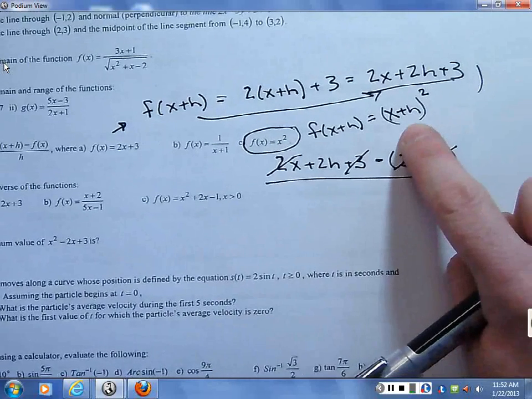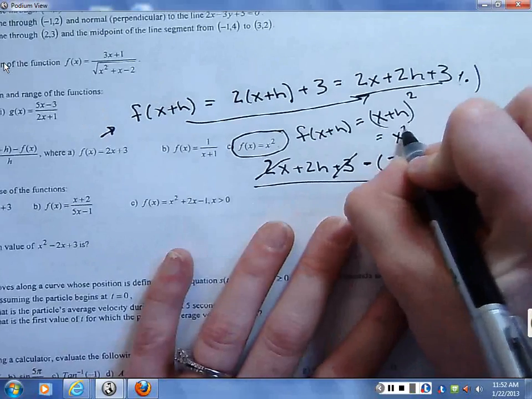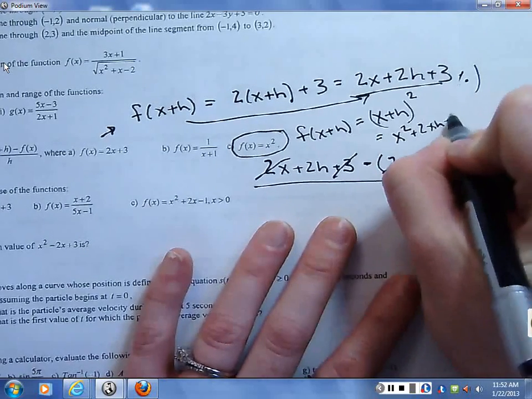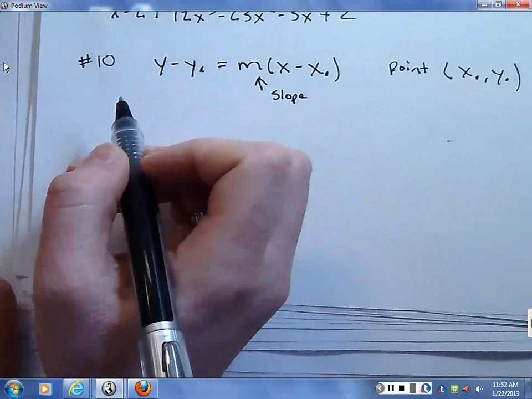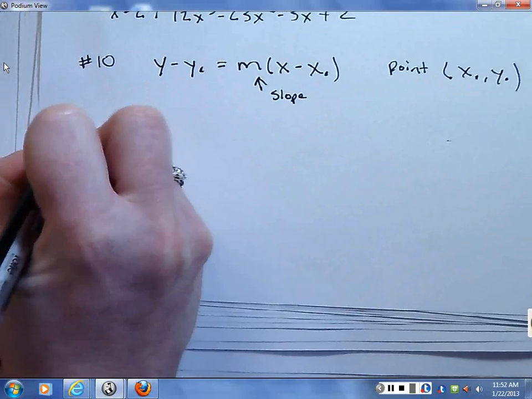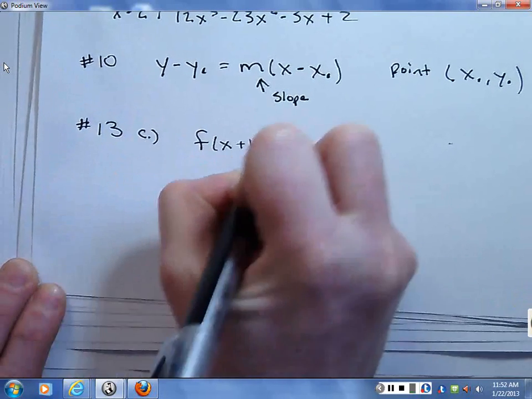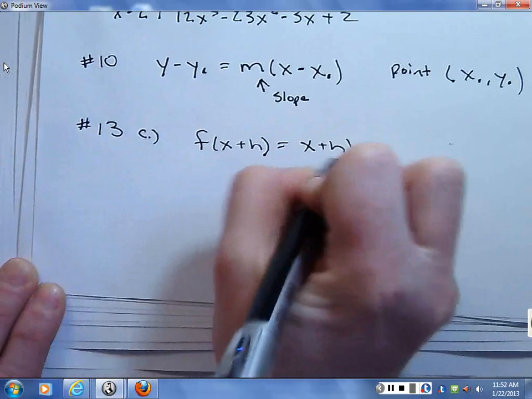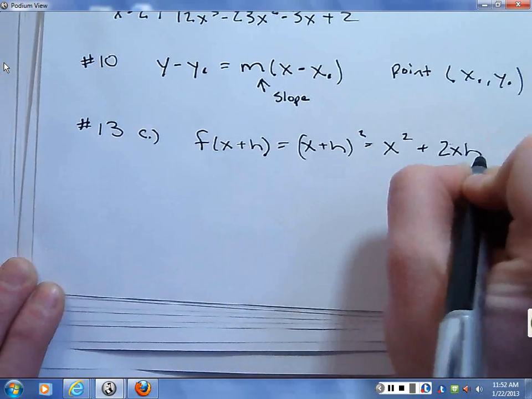What is x plus h squared? I'll go ahead and write this. This is like number 13, part C. If I have f of x plus h, that's x plus h squared. That's going to be x squared plus 2xh plus h squared.